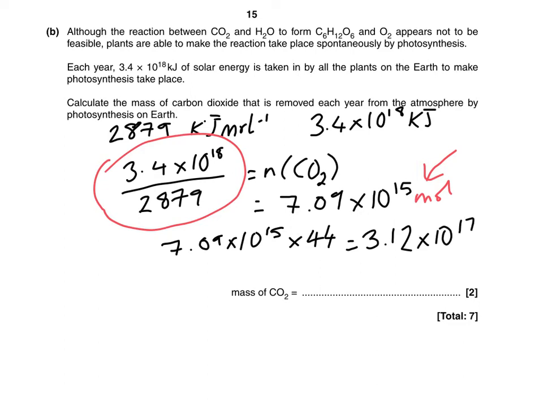And that gives us a value of 3.12 times 10 to the 17 grams. If you've got this value, even without any working, that's 2 marks. Okay, so 1 mark for this part, 1 mark for this part.